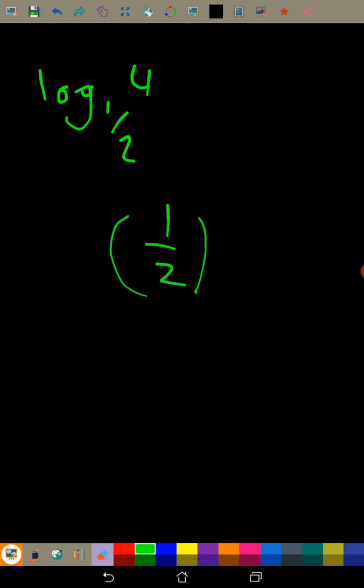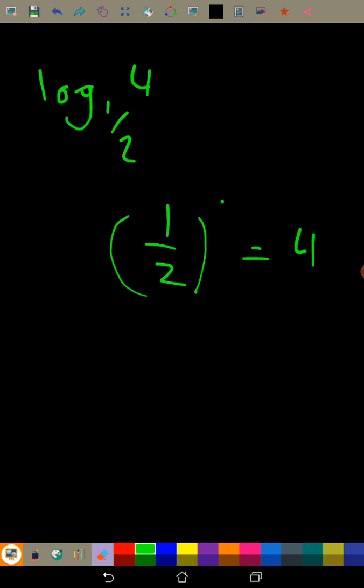And now we have something more difficult. We have log to the base half of 4. So we just have to think of something that will give us 4. What can we do with it for it to become 4?